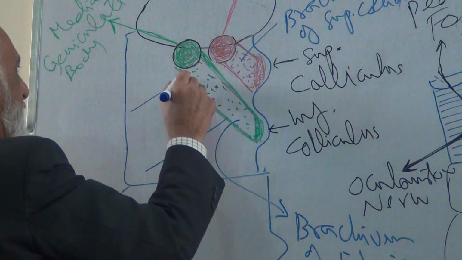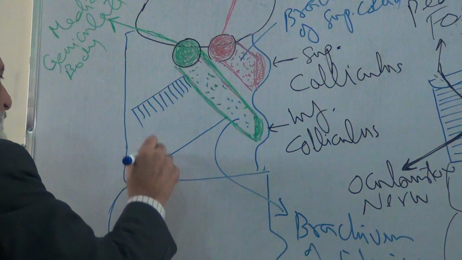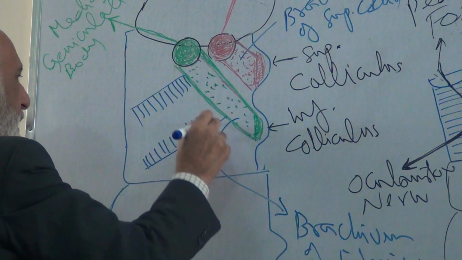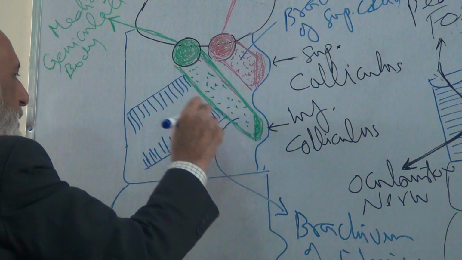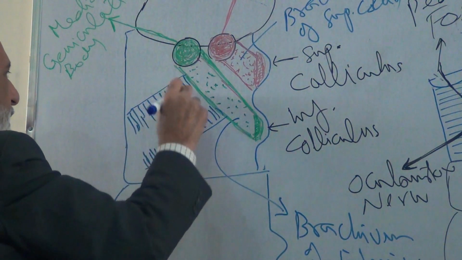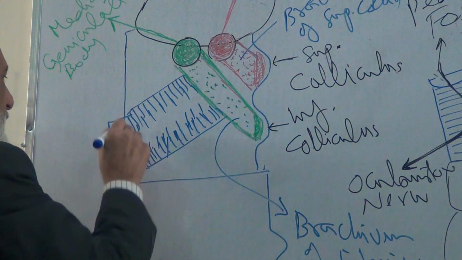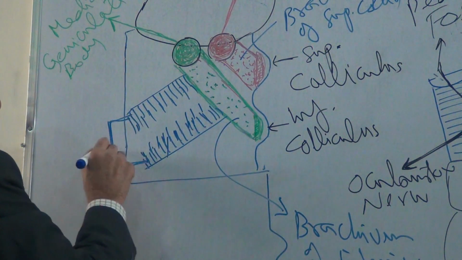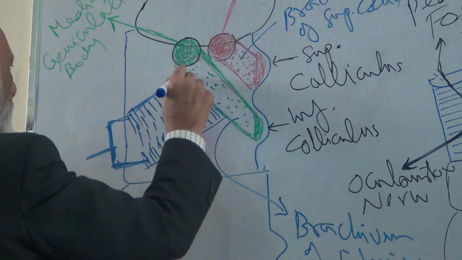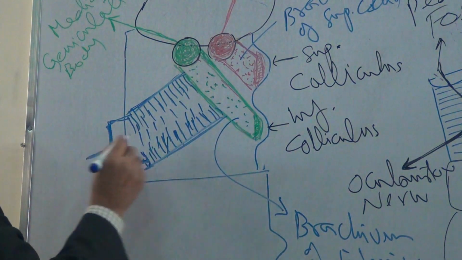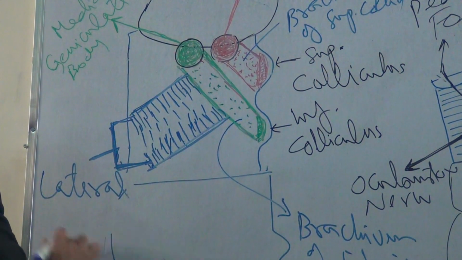This is known as the lateral lemniscus on the lateral surface of the midbrain, a tract which belongs to the auditory pathway, the hearing pathway. This is known as the lateral lemniscus.